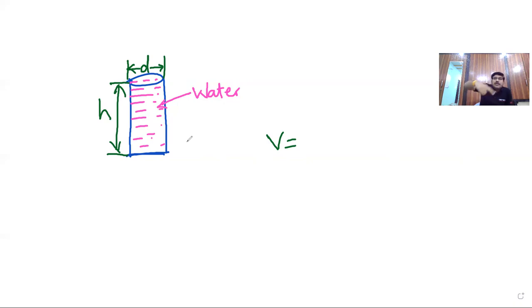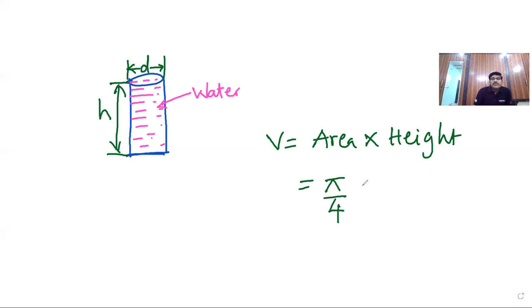So the volume is pi by 4 into d square into height h. This is the volume.